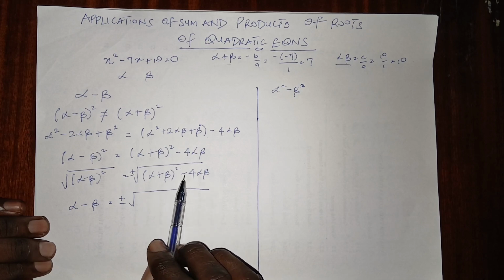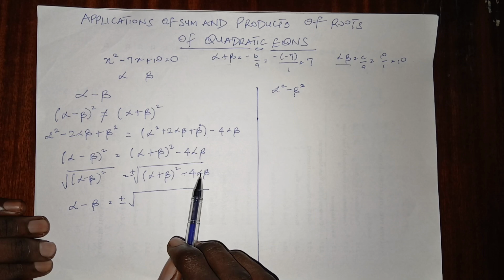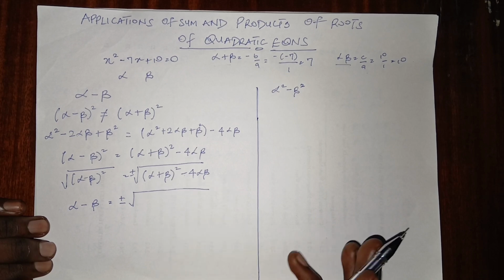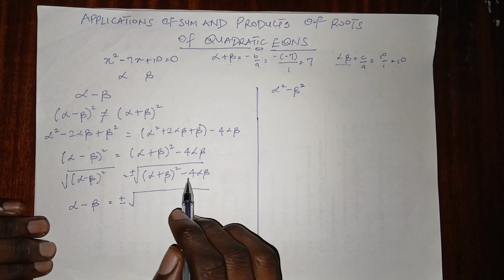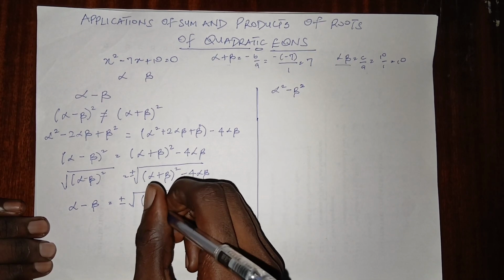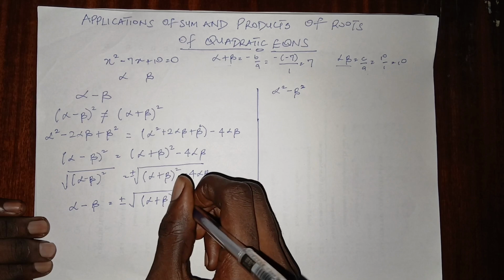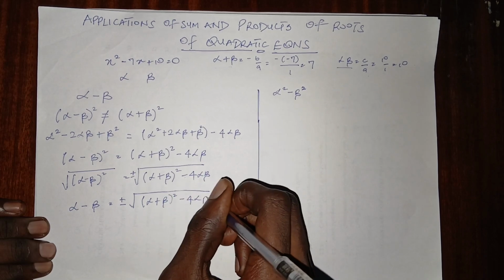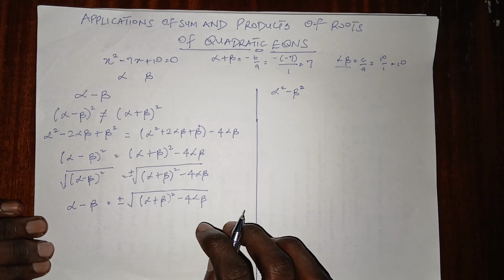Because of the negative here, and since both of these are squares, you could take the square root of everything, but because of the arithmetic content, we just leave it like this. So these are our alpha and beta terms, and we have to find the actual values.